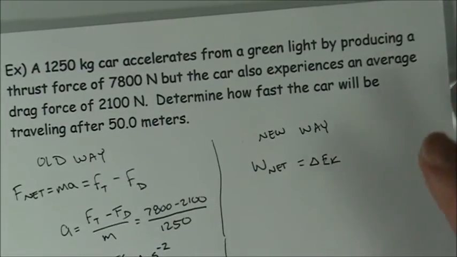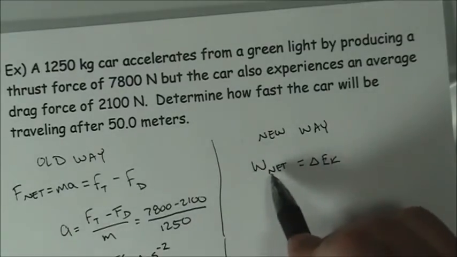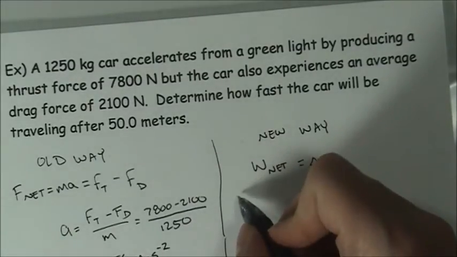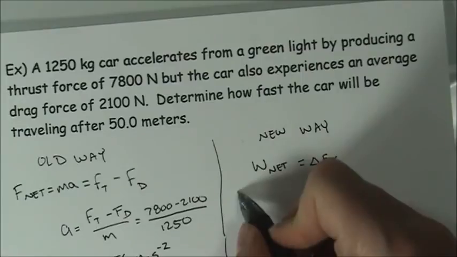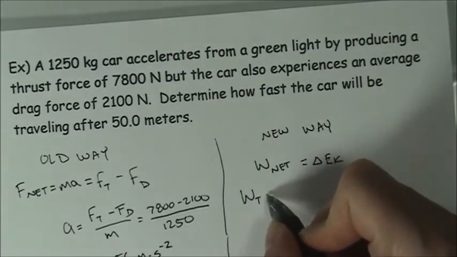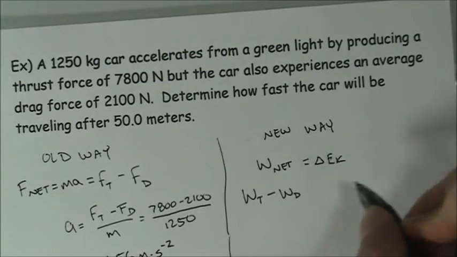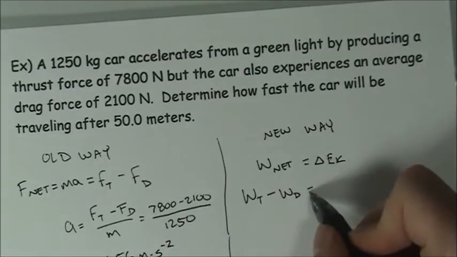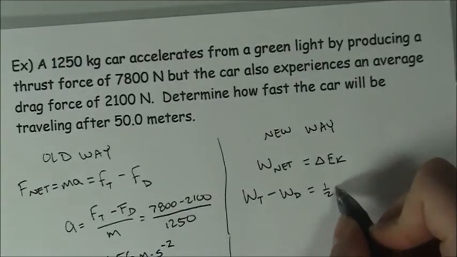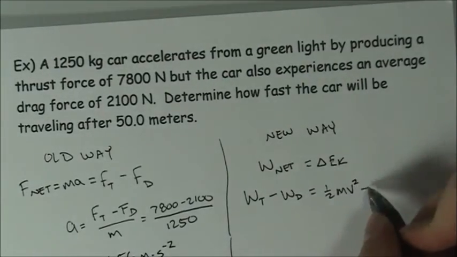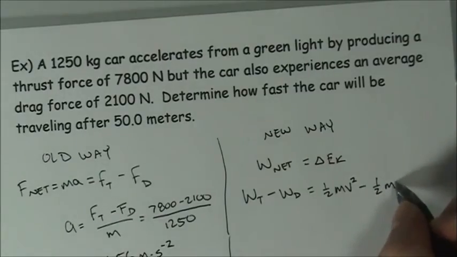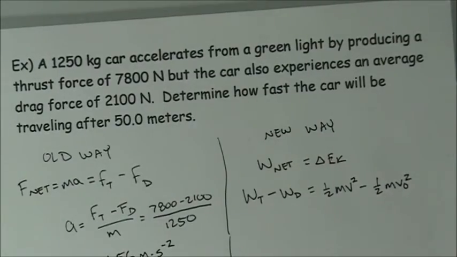Okay, so there are actually two different works happening over here on the left, so I'm going to go ahead and put those both in. So that would be W thrust, but minus the W from the drag force, and that would be equal to 1/2 mv squared minus 1/2 mv naught squared.